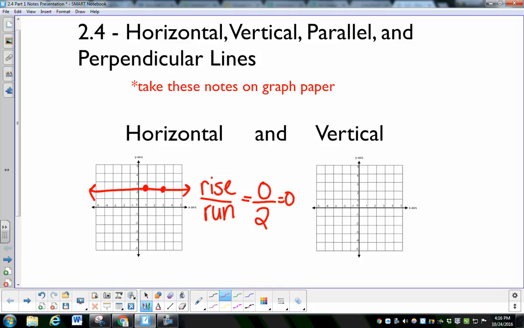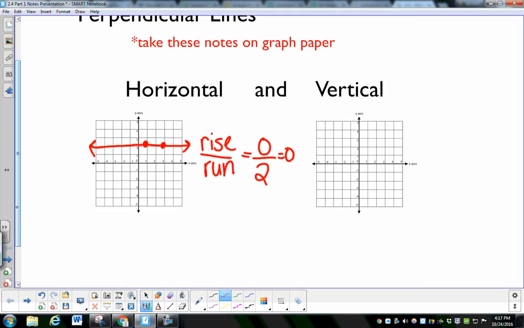So what we found out about that horizontal line is that the slope is 0. And if we wanted to write an equation of that line, here's what I always think to myself. This line goes right and left forever at the same y value, all right? It's at the same height up or down. We don't really care what x is, but it does cross the y-axis.